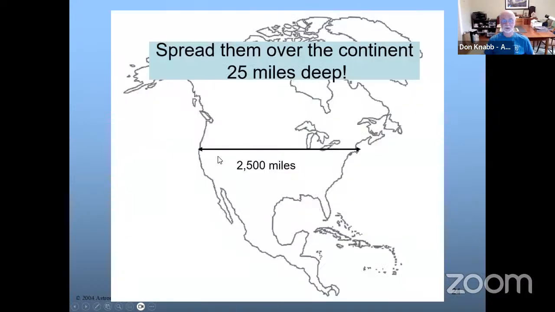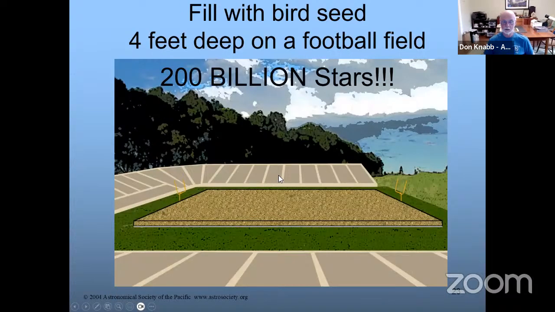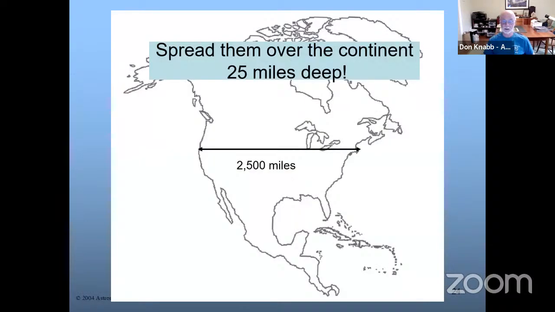Then you have to spread them over the entire continent, 25 miles deep. So you're spreading them out, and again, it shows that space is mostly space. 2,500 miles wide, 25 miles deep, and only a football field up to 4 feet deep of birdseed. So again, space is exactly that, mostly space.